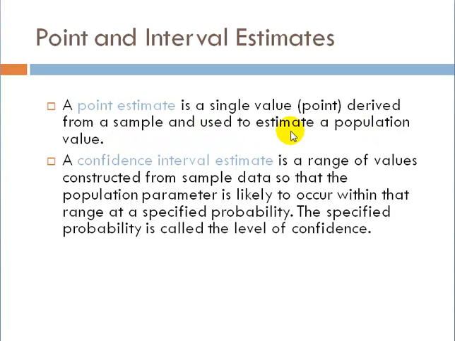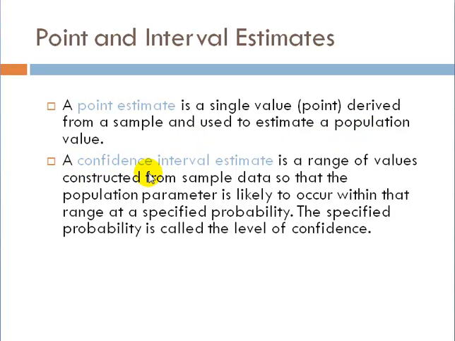Again, when the population is a huge group of data, it's impossible for us to find out the features of the population. We try to use a sample to know about the population. So a point estimate is when we use the sample statistic to estimate the population values.